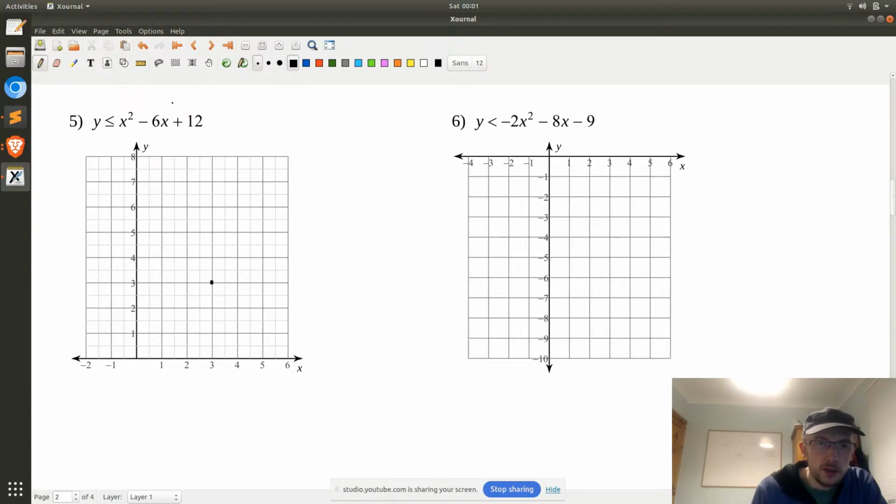But I like to get things right. So let's put in 4. Okay, 16 take 24, that's negative 8. Negative 8 plus 12 is 4. So there it is. Plug in 5. 5 squared is 25. 25 take 30 is negative 5, and plus 12 is 7.